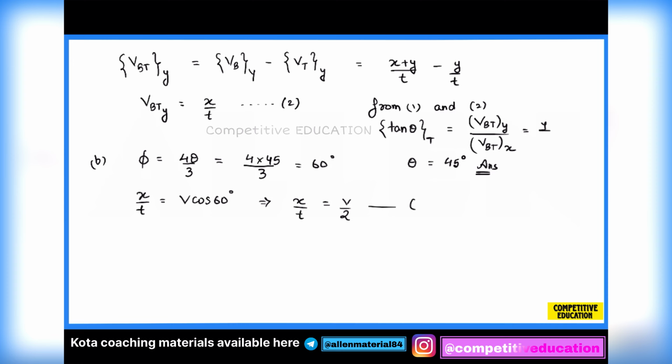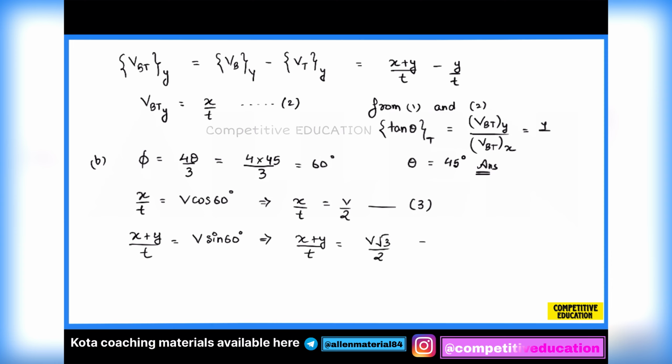This is my equation number 3, and I can write (x plus y) divided by t, that is the velocity in the y direction of the ball. It will be v sin 60 degrees. So from here I can get (x plus y) by t equals v sin 60, which is v root 3 by 2.